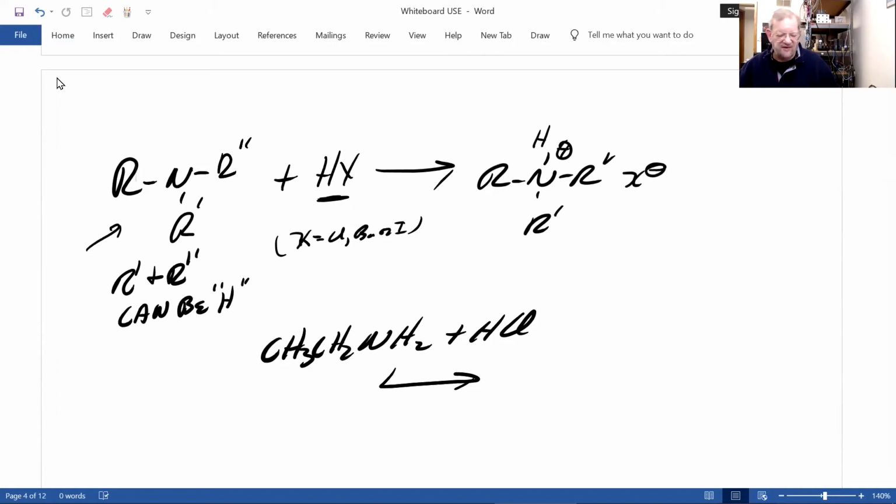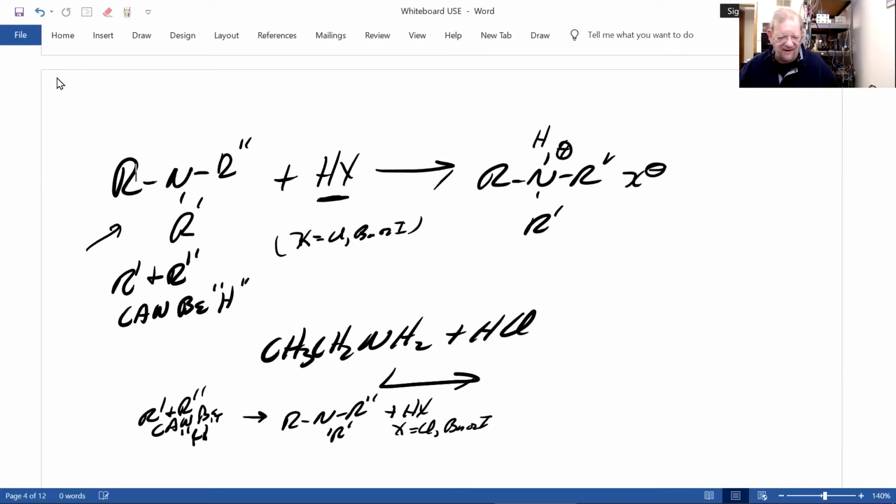And here, if we take the following, what do we have? Well, we've got this where our prime and our double prime can be hydrogen. In our case, it is. And when you react it with HX, where X can be chlorine, bromine, or iodine, you get an amine salt.